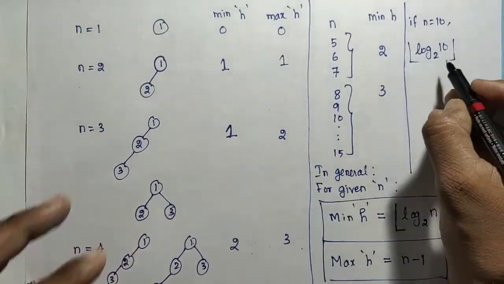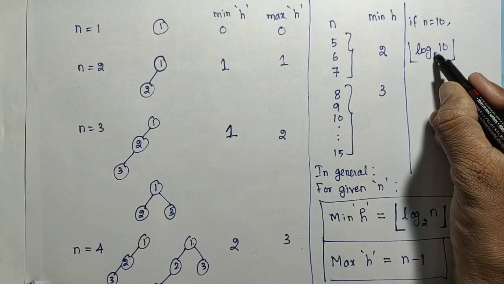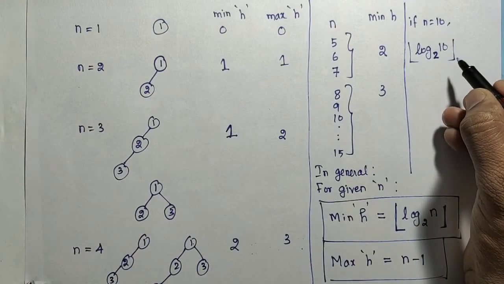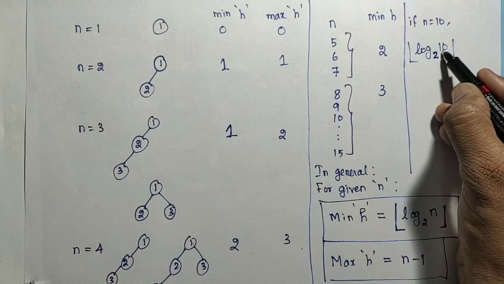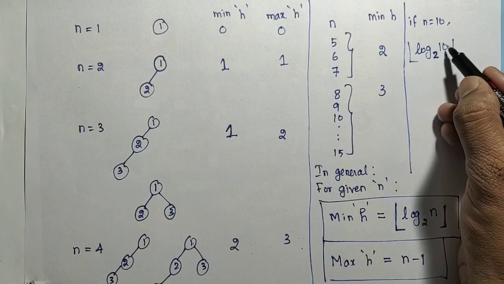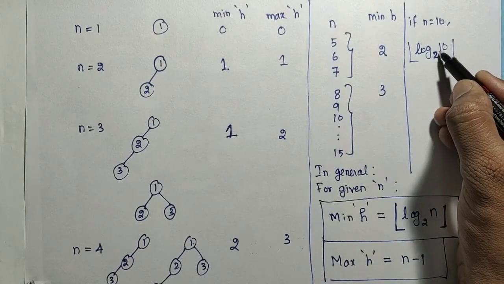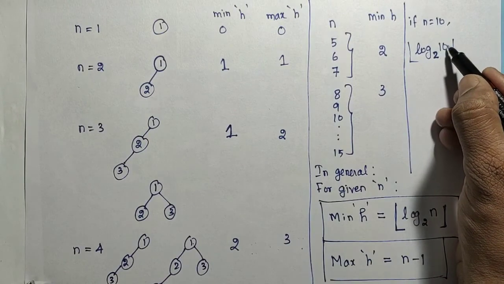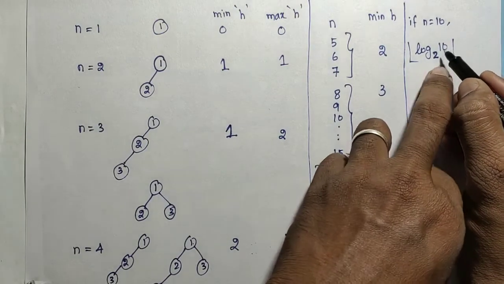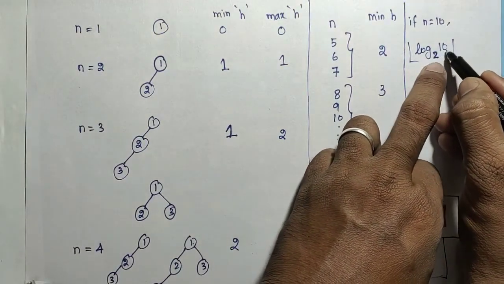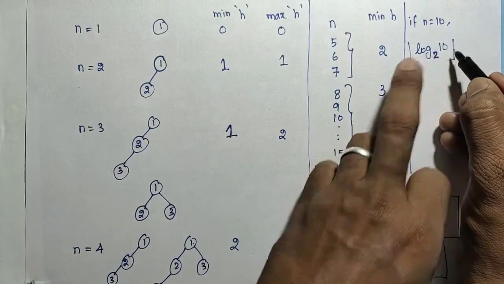How can we find it? Base 2 means log 8 is log 2 power 3, and log 10 is equivalent to 3 point something.